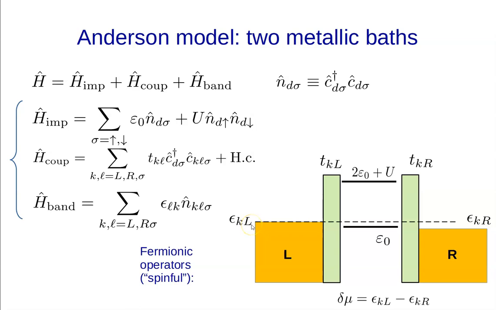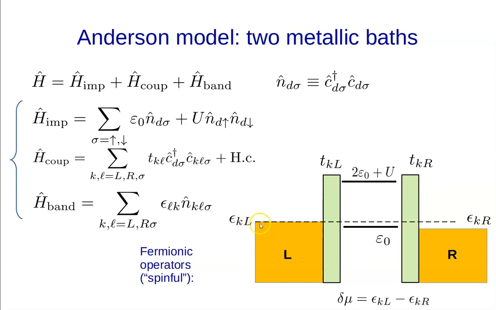That's how we did it in the Anderson model back then when you had a single lead, and that's essentially what we have here. So you can think that if you write the Hamiltonian for an electron gas here, this would have a chemical potential associated with it, and that would be a chemical potential on the left lead, and that would set the Fermi energy at zero temperature, or the chemical potential at finite temperature.